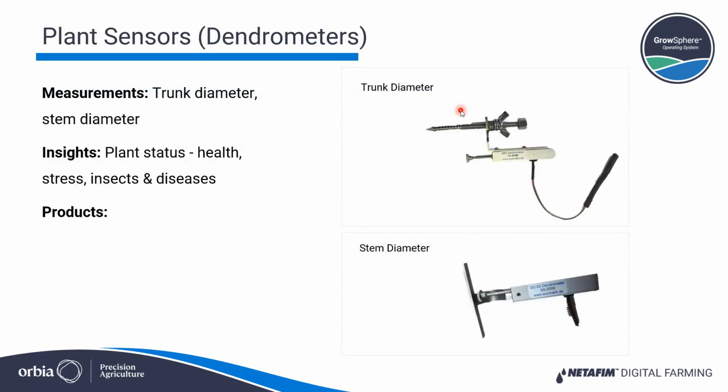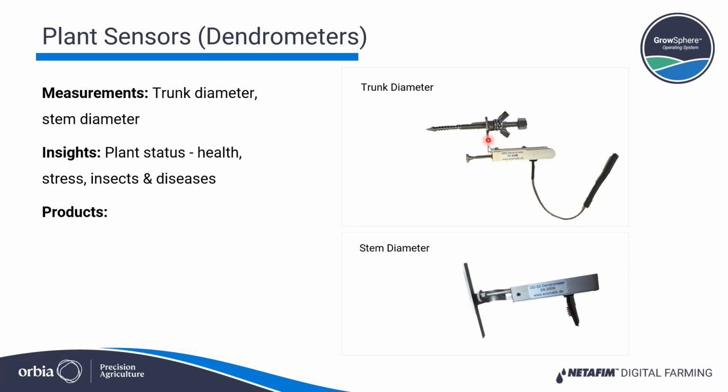The next group of sensors is the plant sensors. They measure the changes in the trunk and the plant stem diameter. It indicates the plant status, if it is in good health or under stress. We have 2 types of dendrometers.